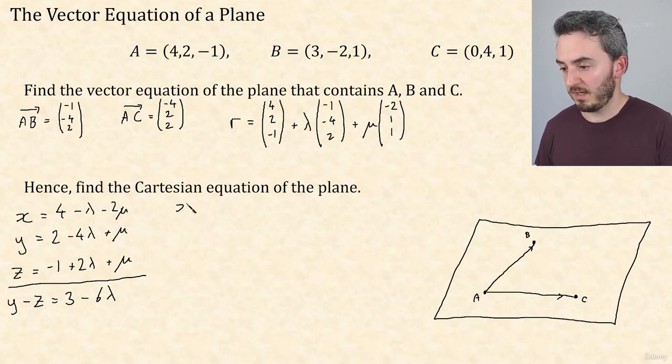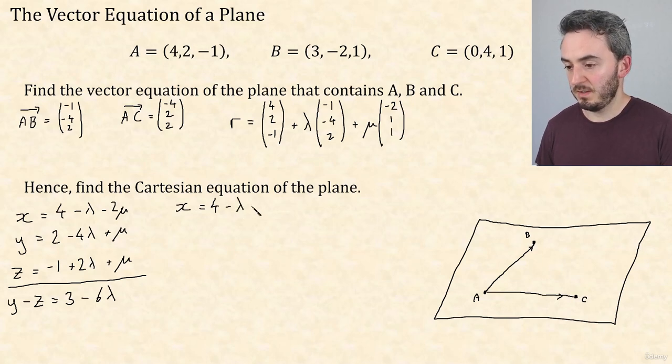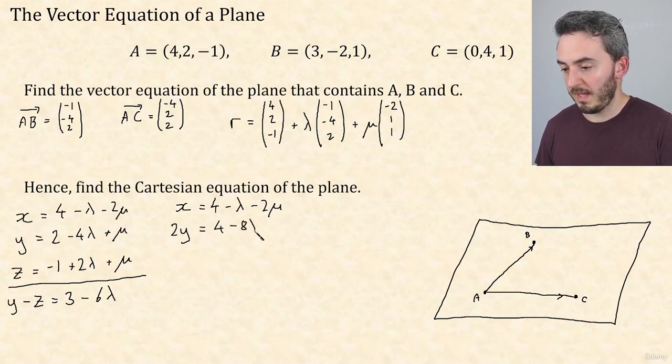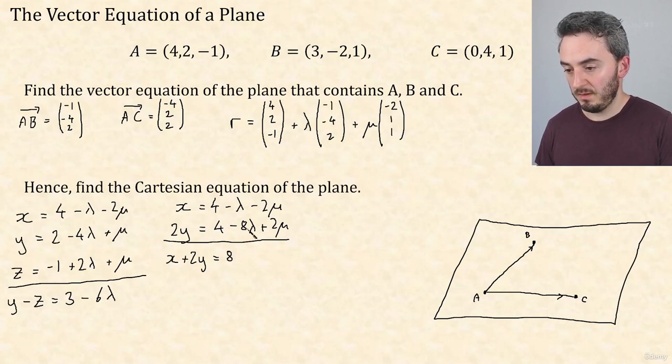If I have x equals 4 minus lambda minus 2 mu, and to make the mu's match up I'll double this one, so 2y equals 4 minus 8 lambda plus 2 mu, and I'll add these two lines together. So x plus 2y is 4 plus 4 is 8, these two added is minus 9 lambda, and the mu's have gone.